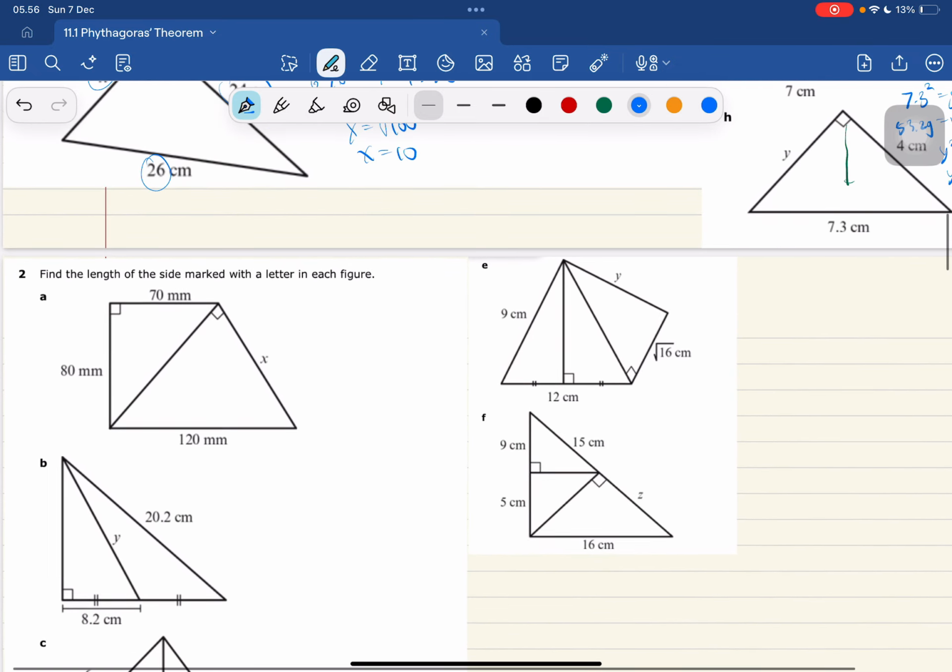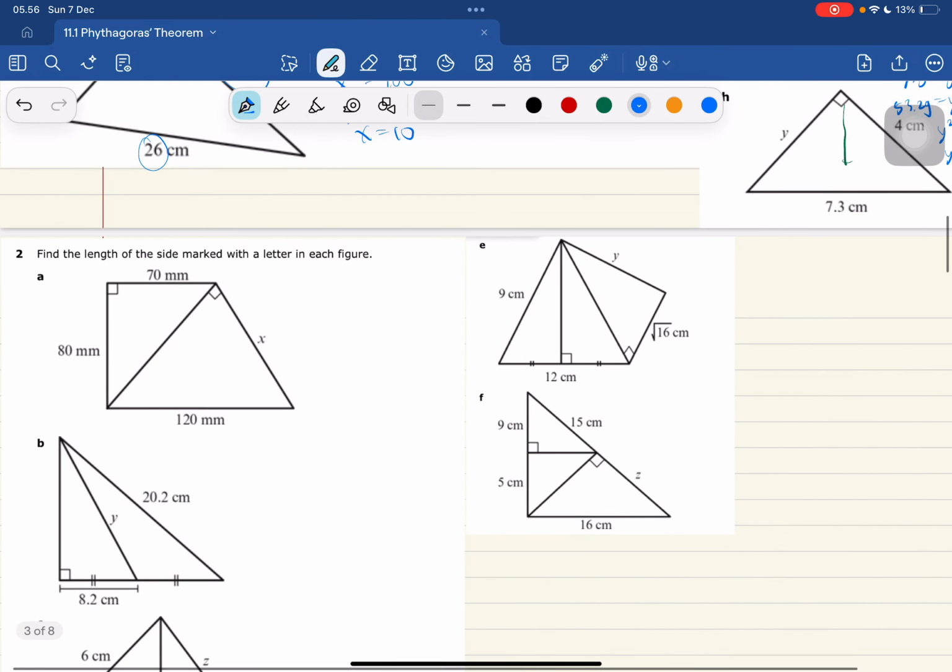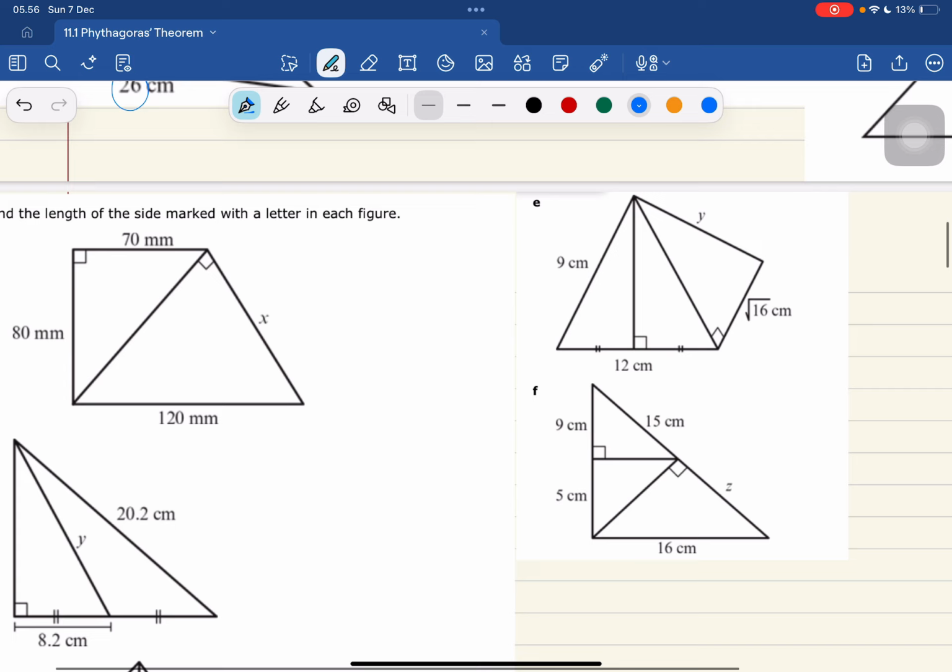Okay, find the length of the side marked with the letter in each figure. First step, let us find this side, this length. This is the hypotenuse of the first triangle. So we can make it h. So h equal to square root of 70 squared plus 80 squared.